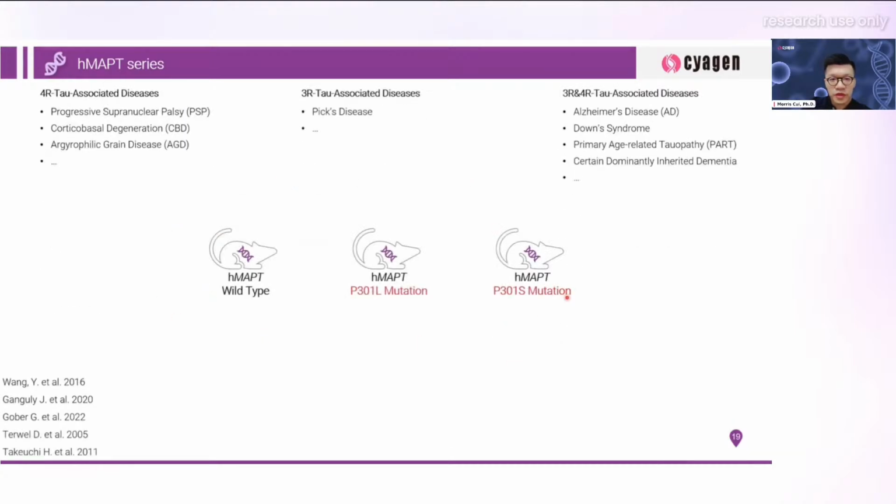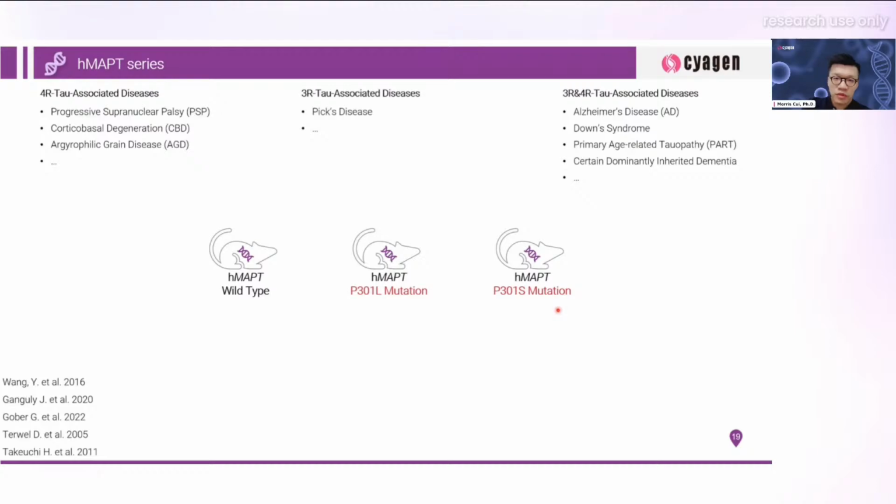To more appropriately study human MAPT-related diseases, in addition to replacing the murine MAPT gene by wild-type human MAPT gene, we also made another 2 mouse models carrying the P301L and P301S mutation, respectively.